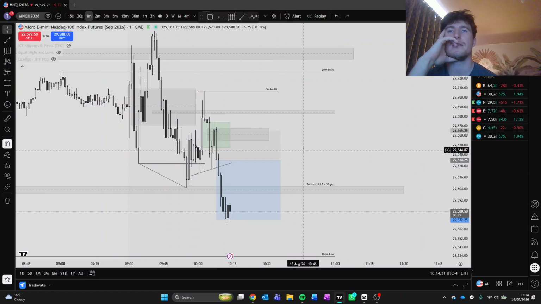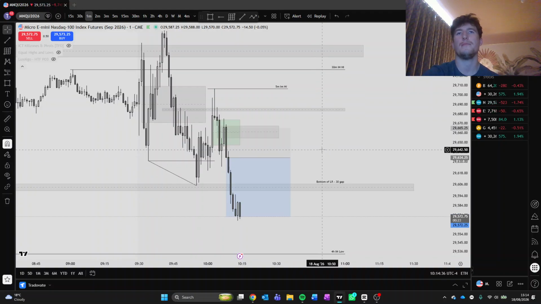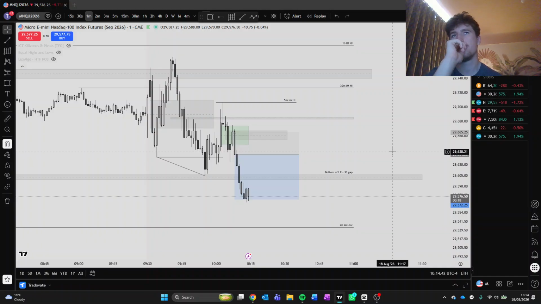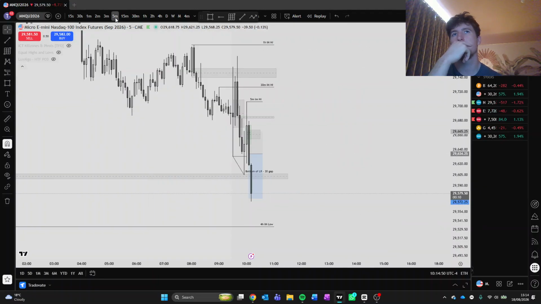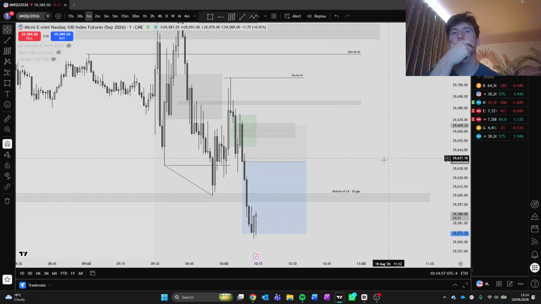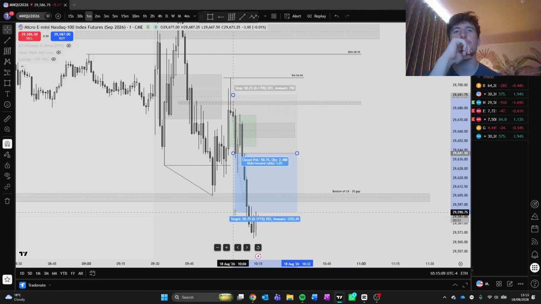Had a build up of LI, had equal lows. Yeah, my original trade idea would have worked out as well.